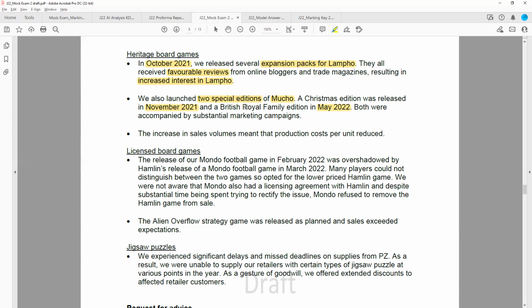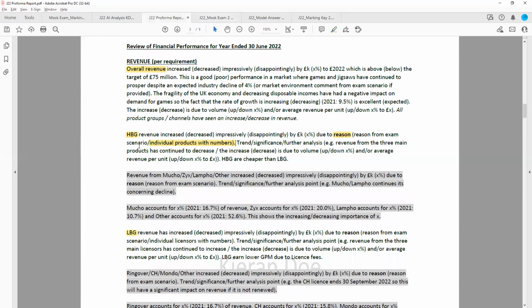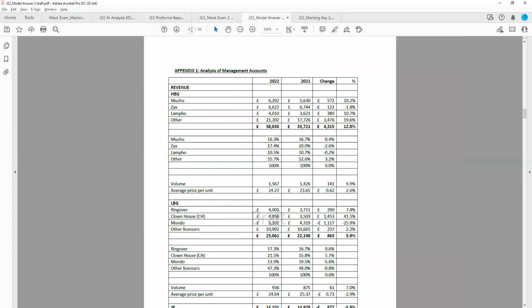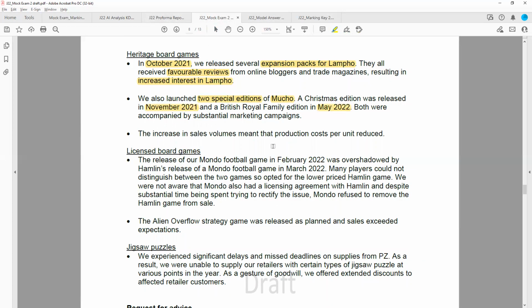So maybe that's a reason why promotion costs have gone up, but we're not going to be looking at that because we're not looking at operating profit. But again, if it's done well, then that would be a reason why HBG has gone up. So you might want to scribble to the side there, Mucho, 2x special editions, just something to remind you. It's something you're going to look at when you look at heritage board games.